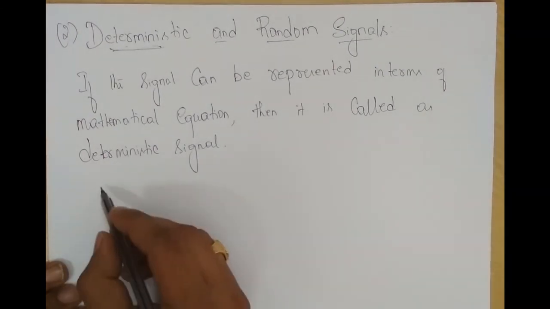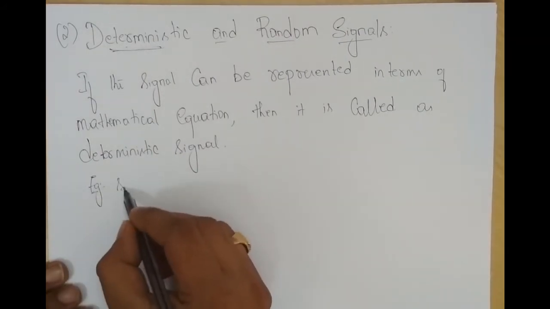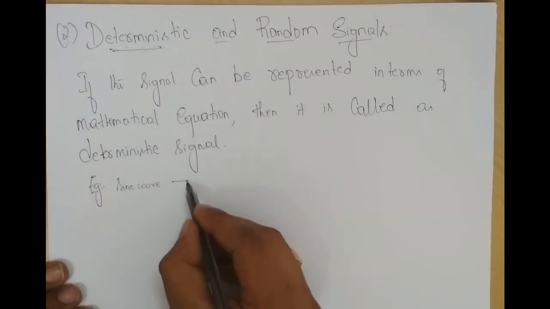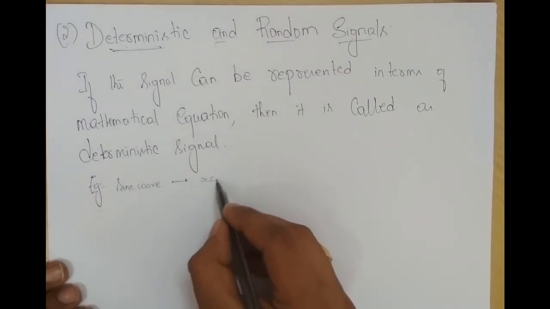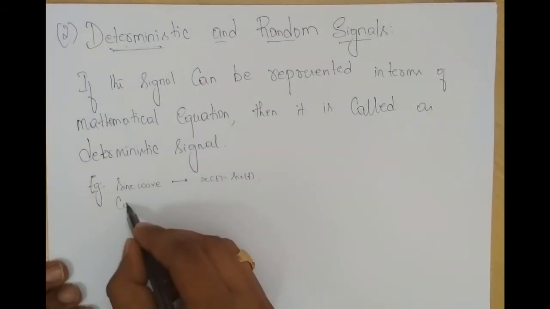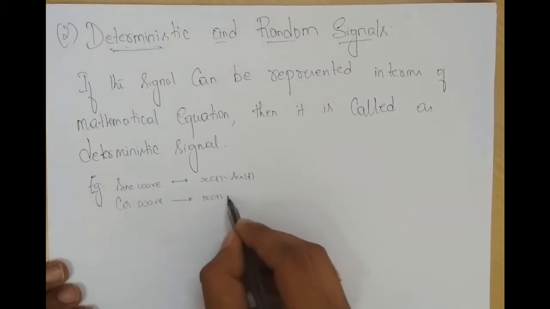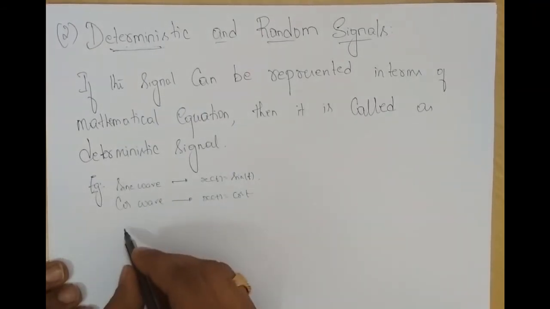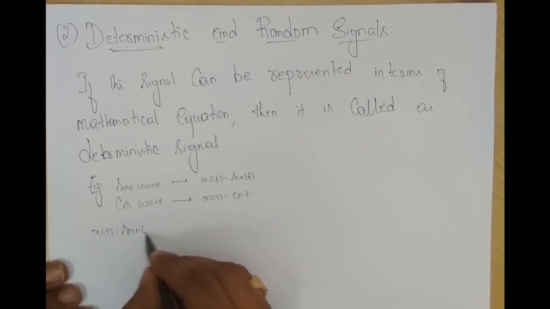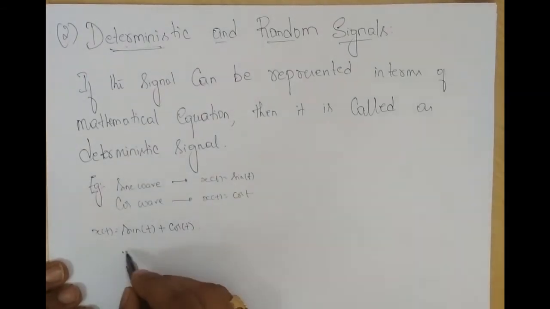So any signal which can be represented in terms of a mathematical equation is called a deterministic signal. For example, a sine wave. How do I represent it in terms of a mathematical equation? x of t is equal to sine t, right? A cos wave: x of t is equal to cos t, right? Or x of t is equal to a combination of sine t plus cos t, or cos square t.